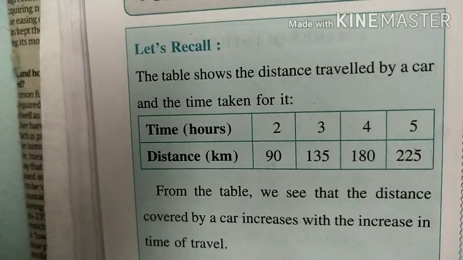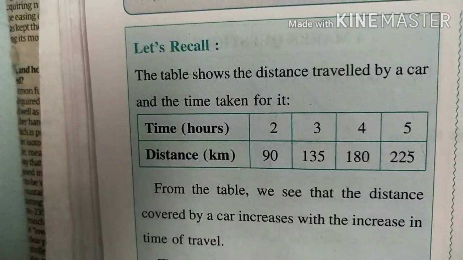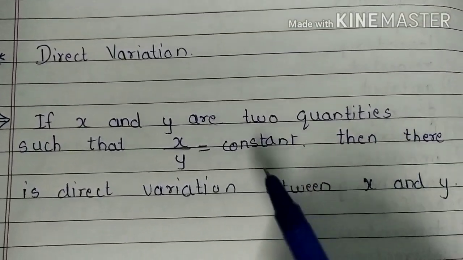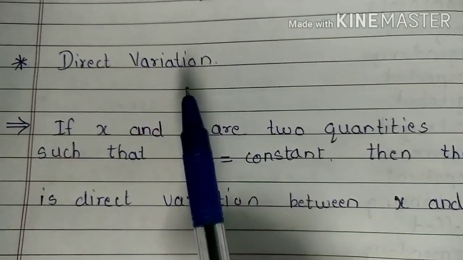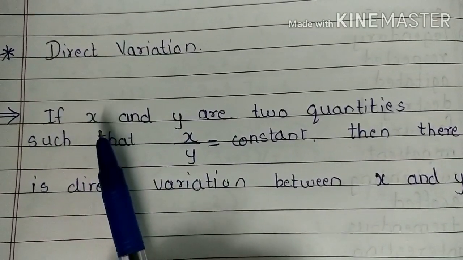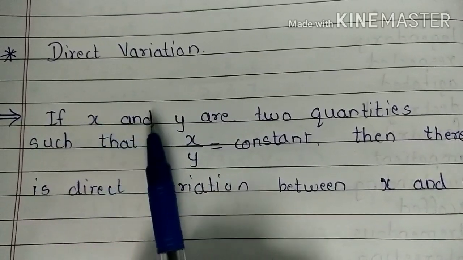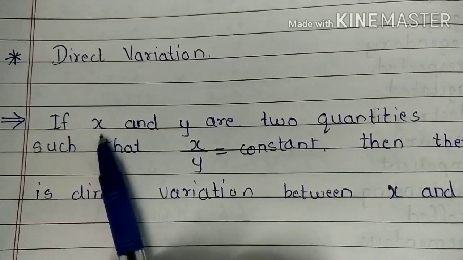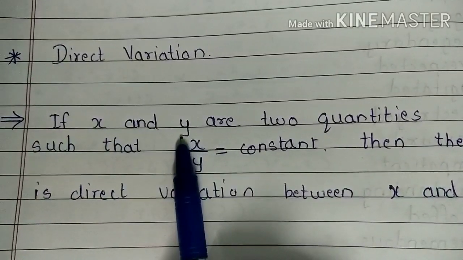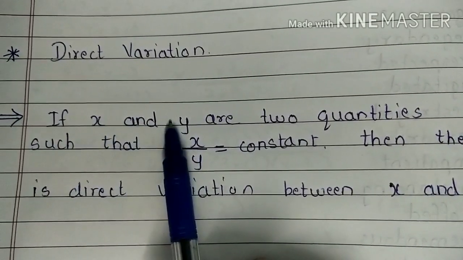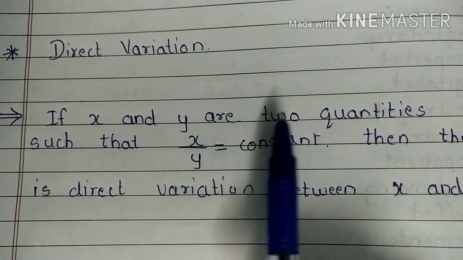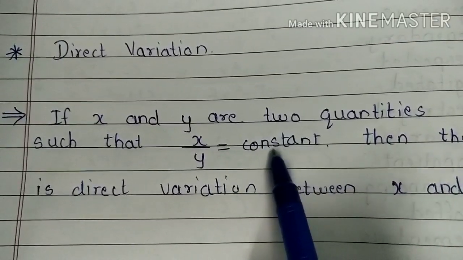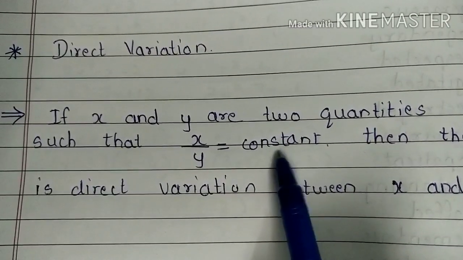Now we'll see this variation in much more detail, to write it in symbol format. For a direct variation, if there are two quantities x and y, for example what we just saw, one will be the time and one will be the distance traveled by the car. So if x and y are two quantities such that x upon y is equal to a constant. Constant means it remains the same.